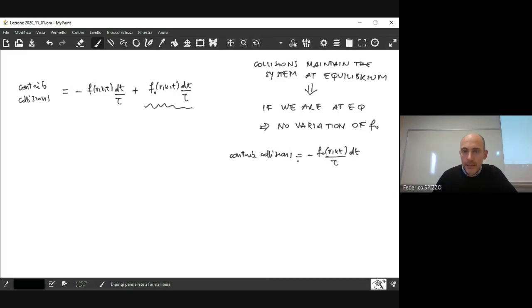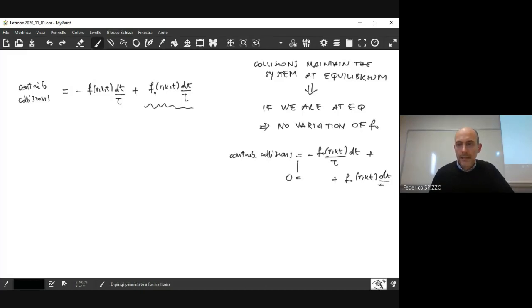So this has to be equal to 0 because no deviation of F0 should be observed if we have F0 as a distribution function. So the only way to make this summation equal to 0 is to sum F0 r k t dt divided by relaxation time.